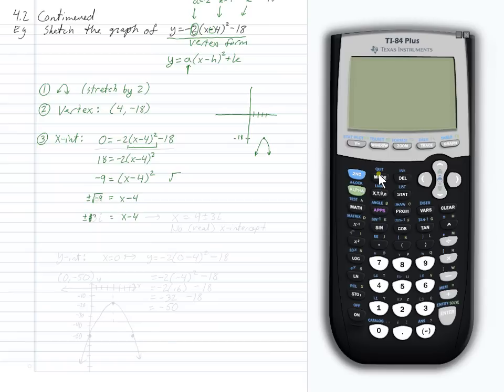In other words, x minus 4 equals positive or negative square root of 9. Well, we could call that 3 times i because of that negative under the radical. So if I add 4 to both sides, we get x equals 4 plus or minus 3i. And that's exactly what we would expect in a situation where there is no real x-intercept.